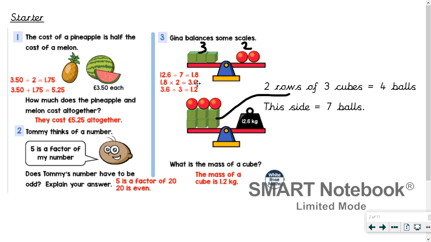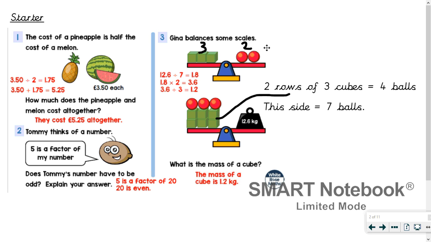That gives us 1.8. Then what we need to do after that is 1.8 times 2 to work out how much 2 red balls weigh, because then we're going to get the 2 red balls on this side and use it to work out the cubes. So 1.8 times 2 is 3.6.